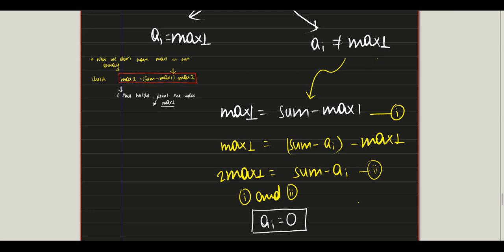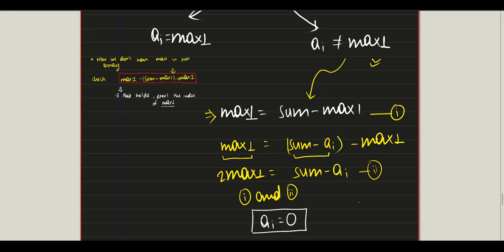Now see the second sub case where we decide to delete an element which is not the max one of our array. So the original equation we had before deleting that AI element was this. Now we decide to delete an element AI which is not the max one of our array. So max one is still present in our array, but the sum of all the elements of our new array has become this.